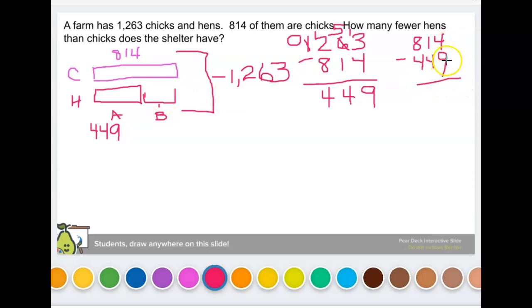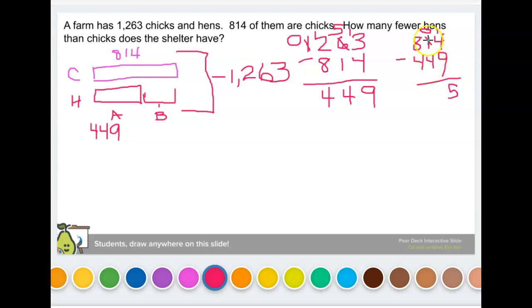So I can't take 9 ones from 4 ones. I'm going to have to regroup and rename. That'll leave me with 0 tens. I'm going to take that ten and bring it over as 10 ones, so that'll give me 14. 14 minus 9 is 5.